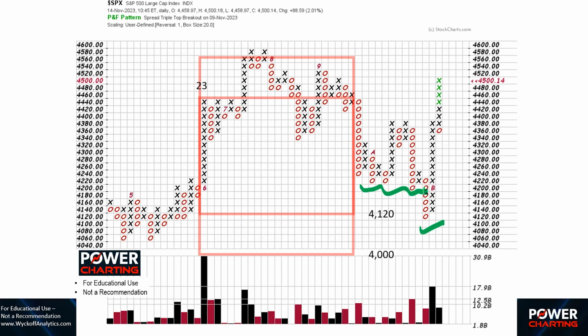Very interesting. And that spring and reversal down to the 4120, I consider it bullish when you have a distribution count that goes to the minimum objective, cannot get to the maximum objective, and that's 4,000. It only got to the minimum, and then look at the veracity of the reversal upward that we have.